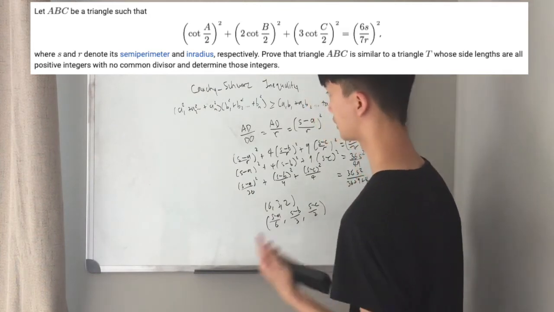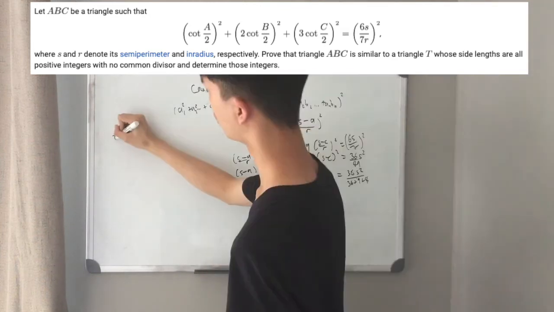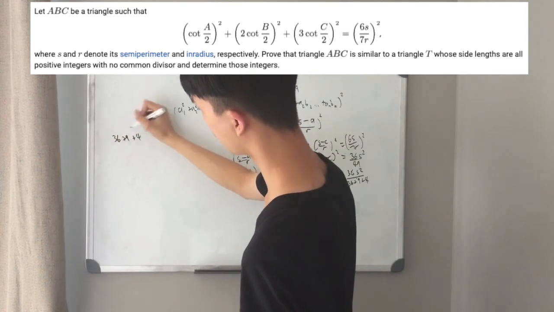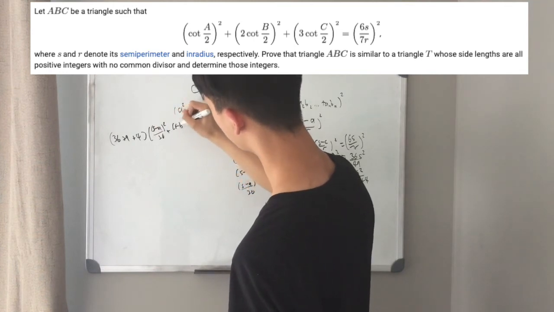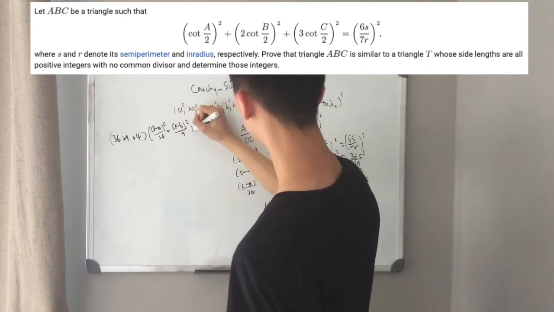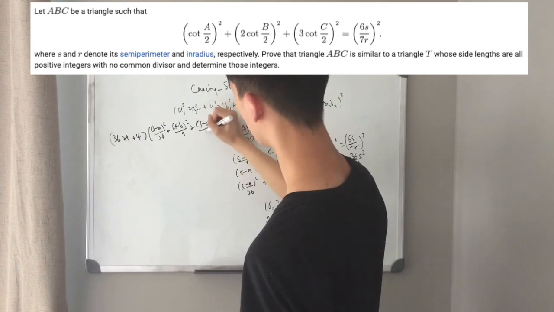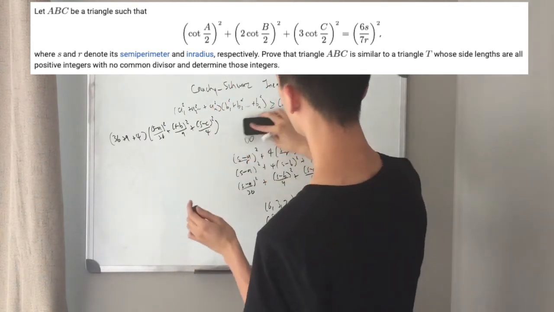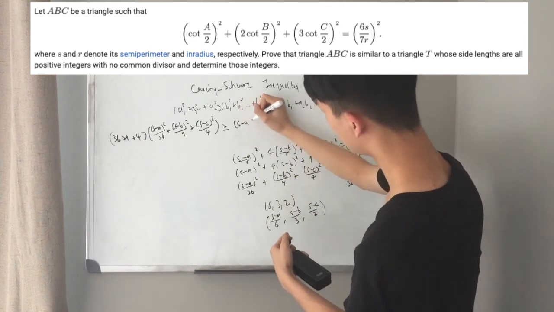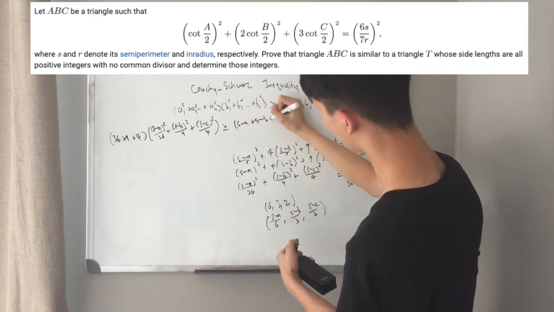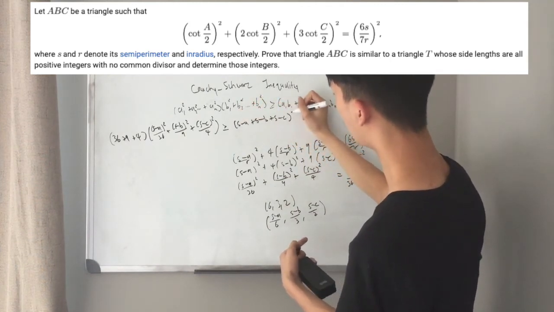So then we can put this into Cauchy-Schwarz to get 36 plus 9 plus 4 times (S minus a) squared over 36 plus (S minus b) squared over 9 plus (S minus c) squared over 4 is greater than or equal to (S minus a plus S minus b plus S minus c) all squared.